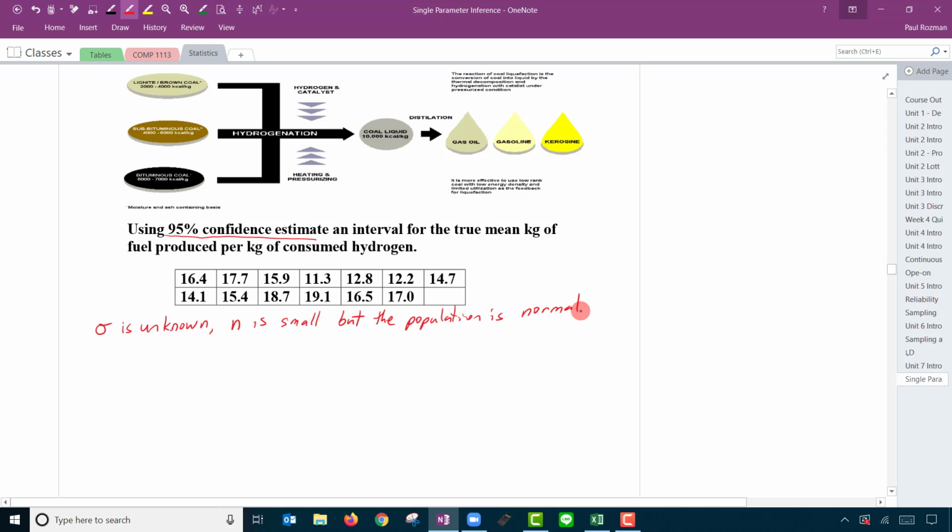The population, they told us, was bell-shaped, so we'll say it is normal. And this tells us that we get to use the t-distribution with n minus 1 degrees of freedom.